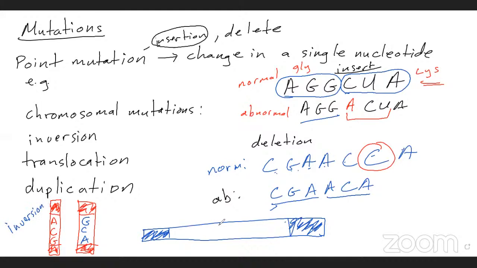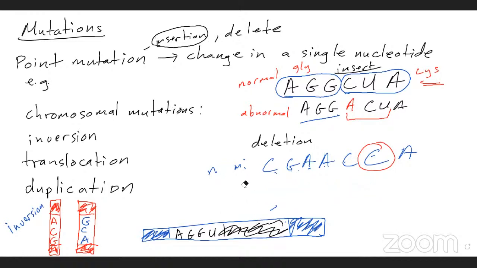All right. So for duplication, let us say I have AGGU. Let me just color. We're just focusing on the letters. Sir, you can maybe bring it up further because I can't really see at the bottom. Oh, all right.